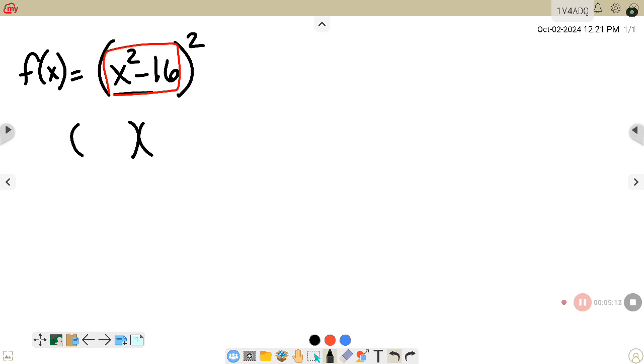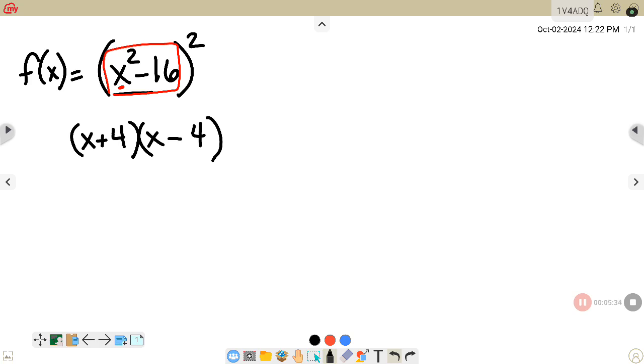So it's going to have two factors. To get this x squared, I'll have to use x times x. And to get that negative 16, this is called a difference of perfect squares. I'm going to have 4 and 4, and your signs are going to be different.